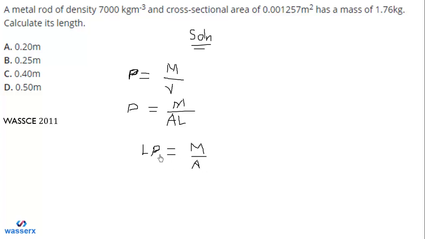But we are not looking for length times density, so we divide both sides by the density to get L, the length, equal to M over area times the density.